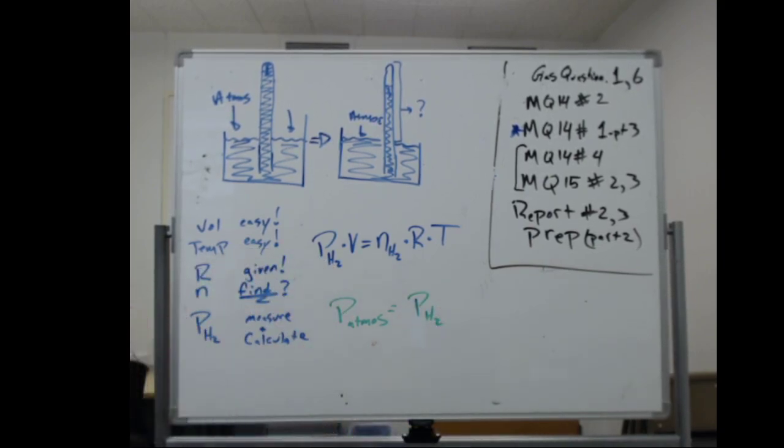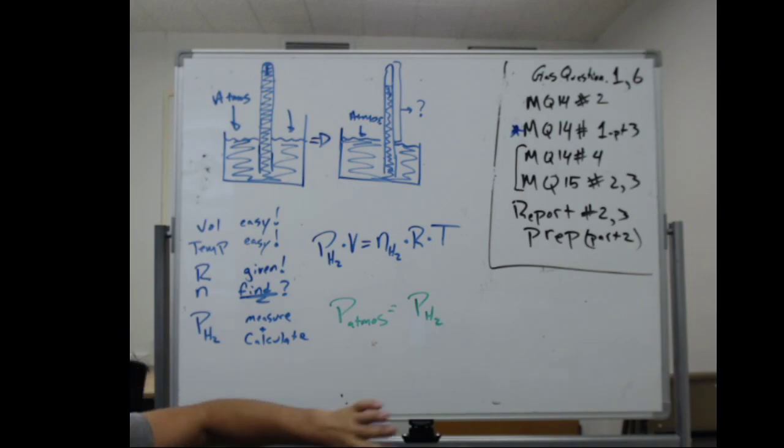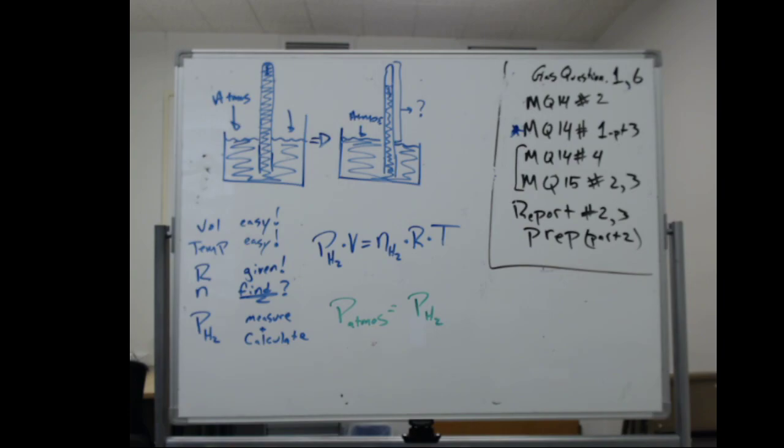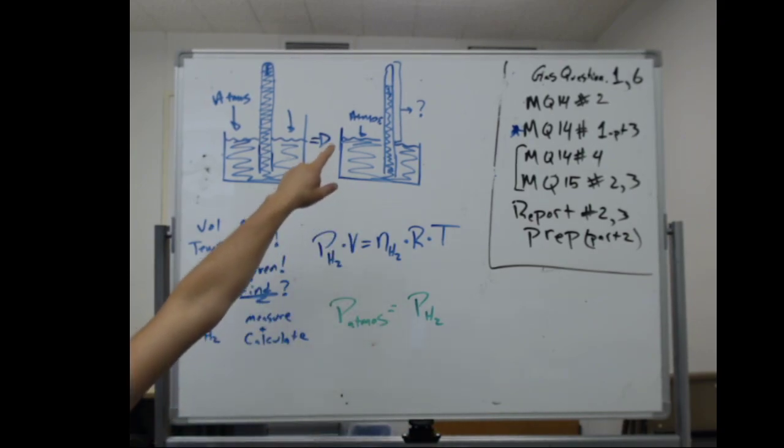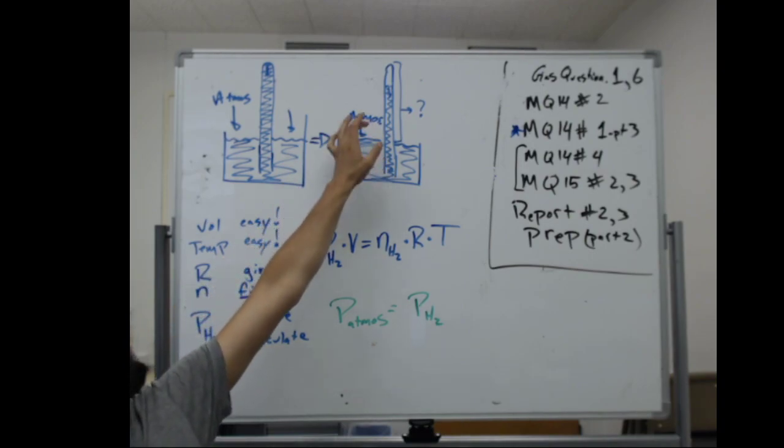And this is the first thing that the lab asks us to do. It says, let's just pretend all of the pressure is just from the H2 gas. What do you calculate for your number of moles of gas produced? And of course, you overestimate how much gas you produced, because the atmospheric pressure is not just balanced by the H2 gas.